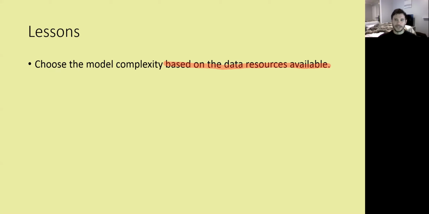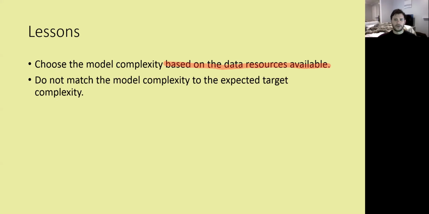So it's tempting to start off, again, putting all the bells and whistles on the model, throwing as many regressors as you can on the right-hand side. But you do not want to match the model complexity to the expected target complexity. You don't want to do this. Okay, first and foremost, we don't know what the target complexity actually is. So formulating some prior assumption about that is generally never a good idea here. You're most likely going to wind up with some sort of model misspecification.